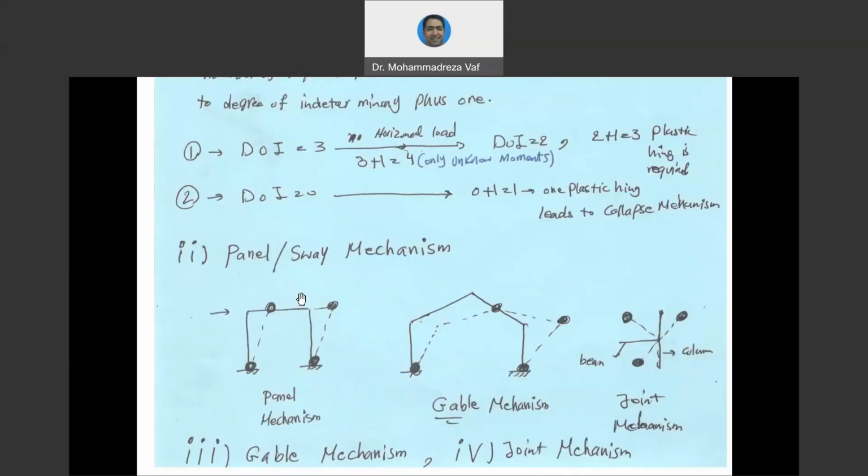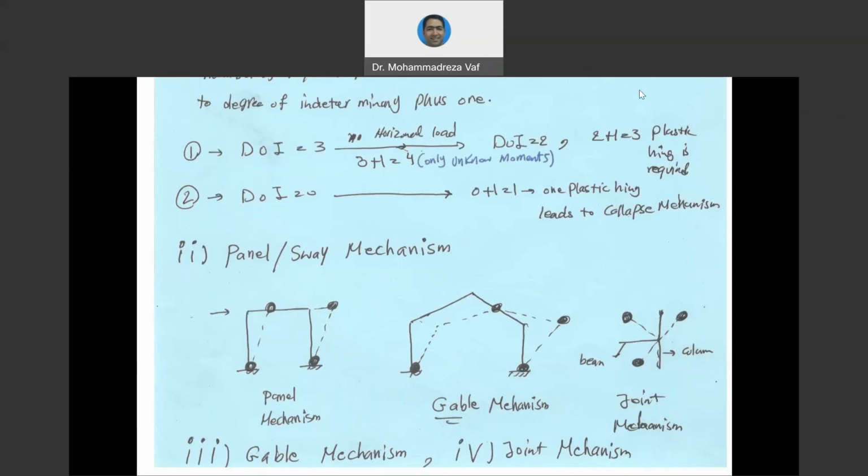Doesn't matter if it is beam or column, as long as you have 3 hinges in one span, we have collapse. Another case that we will see later on is the sway mechanism, or panel mechanism. In the panel mechanism, we need to have at least 4 hinges to make our structure collapse, according to what you see here.